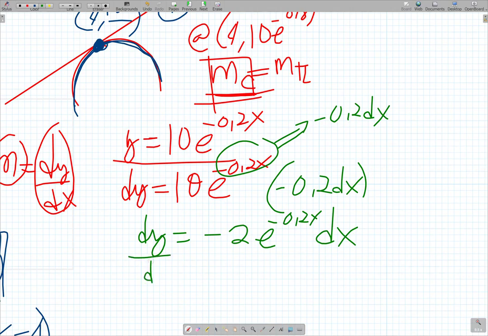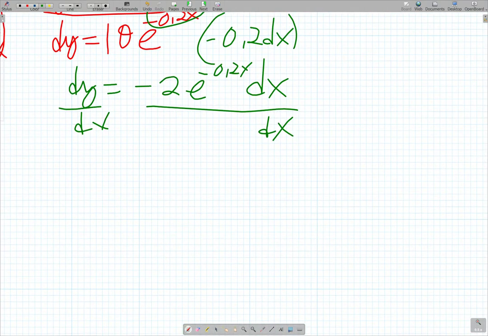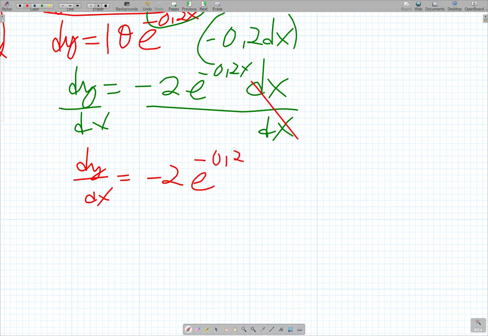So kulang tayo ng dx dito, lagyan lang natin ng dx, and then isolate, cancel out. So our dy over dx is equal to negative 2 e negative 0.2x. Yan. So slope ng ano ito, class? That is the slope of the curve, not the slope of the tangent line.